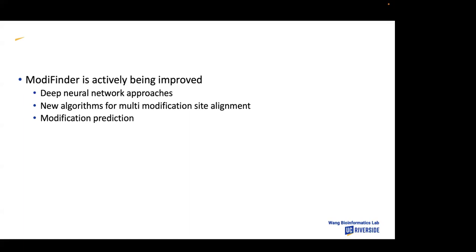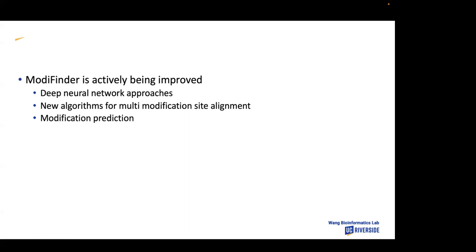But we are developing new algorithms for the multi-modification site alignment. And also we are using deep neural network approaches. So far, what we have is not a deep neural network approach. Everything you saw was a heuristic approach. So we are doing this deep neural network approach, and hopefully this would change the result for the better.